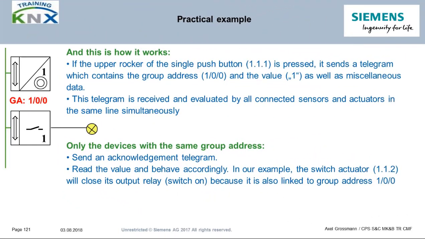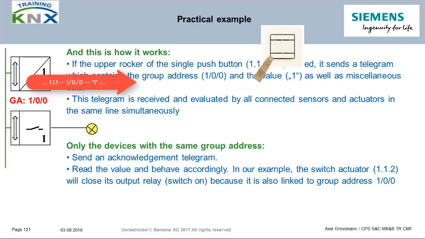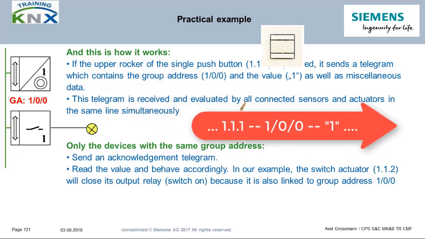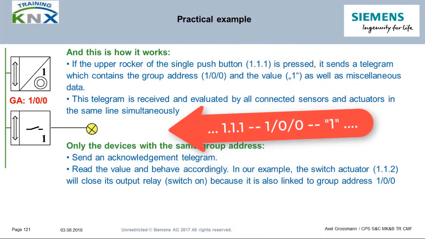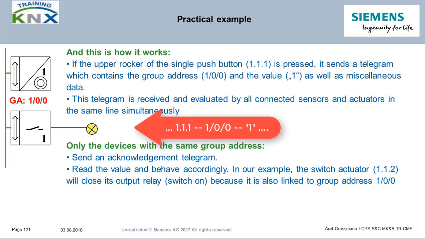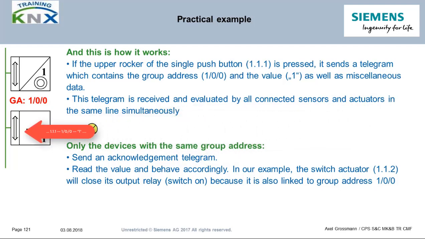Practical example. This is how it works. If the upper rocker of the single push button 1.1.1 is pressed, it sends a telegram which contains the group address 100 and the value 1, as well as miscellaneous data. This telegram is received and evaluated by all connected sensors and actuators in the same line simultaneously.